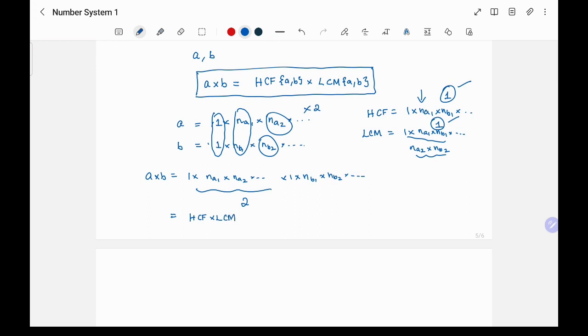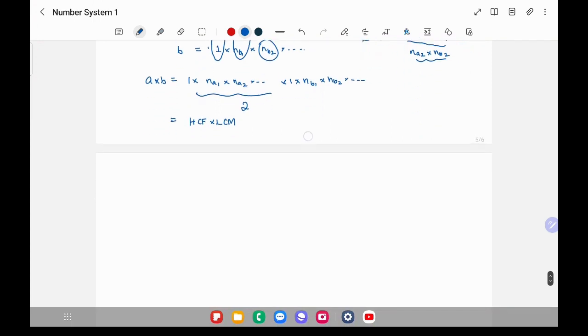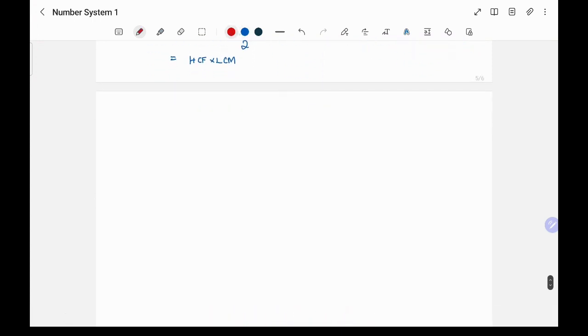This idea may be abstract for you, so I'll give you an example. Let's take 21, which is 1 into 3 into 7, and 14, which is 1 into 2 into 7.